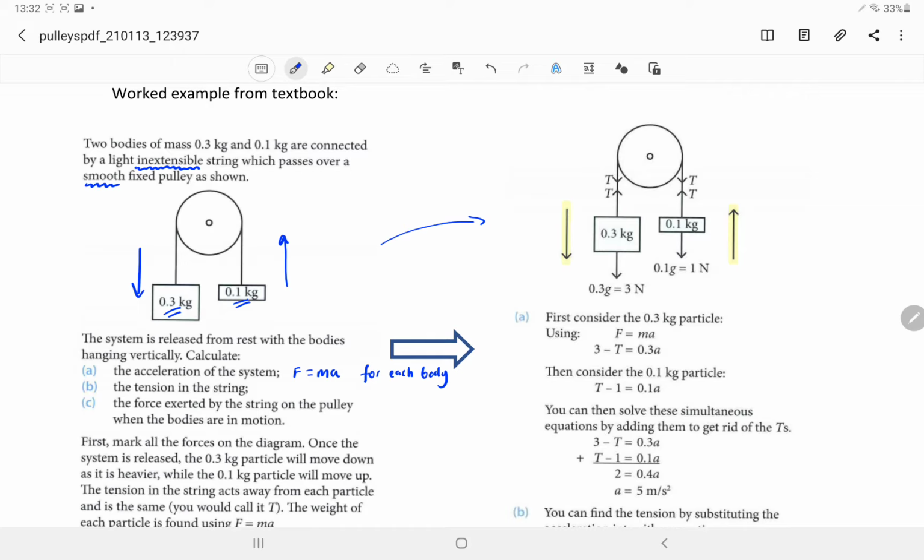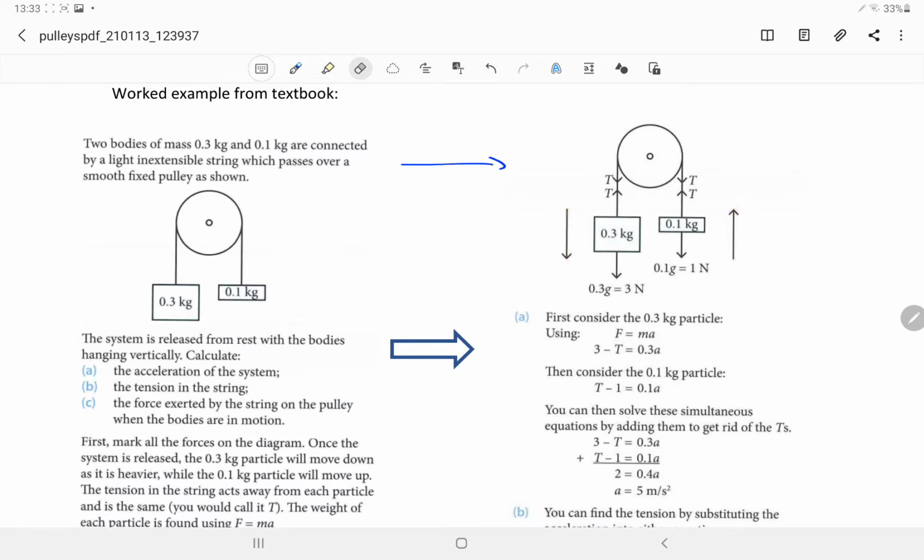So we'll eventually get an answer for the acceleration. We'll then use that answer to work out the tension. And then part C is actually pretty straightforward. Part C is just an addition of the two tensions, and I'll talk you through that in just a little minute.